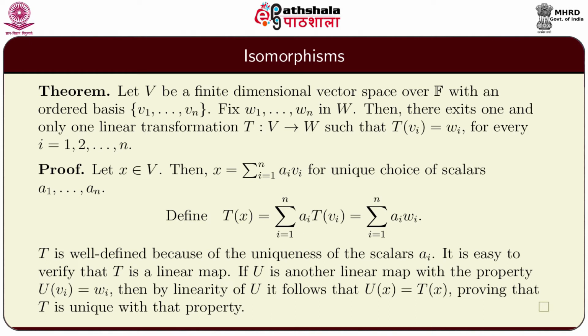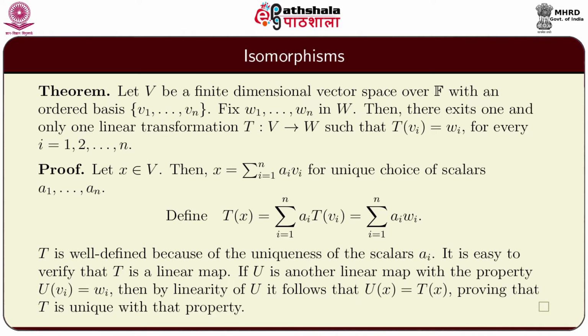Why is that so? Because for Vi the scalar ai would be 1 and all other scalars would be 0, and therefore T of Vi would be exactly equal to Wi because of the way we define T. Now we have to show that T is the only such linear transformation with this property, that is T of Vi is equal to Wi.